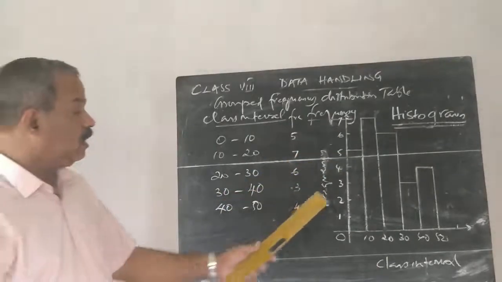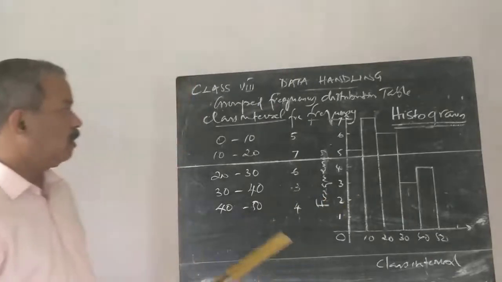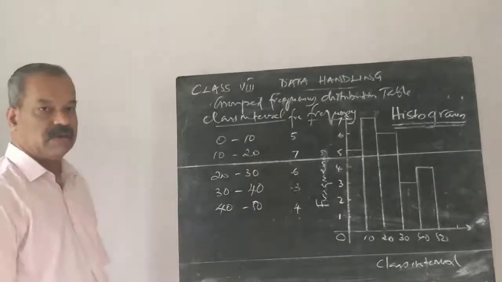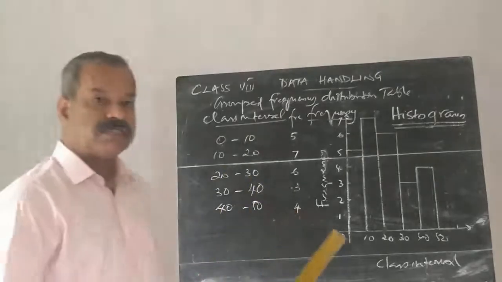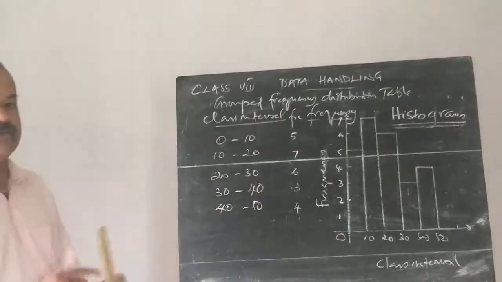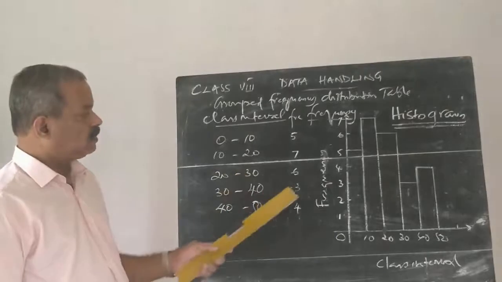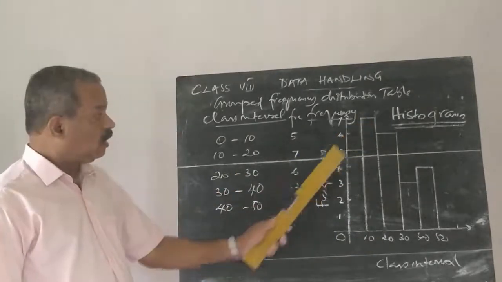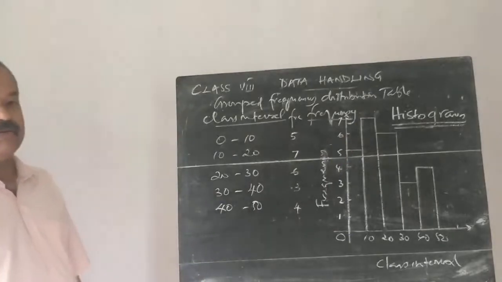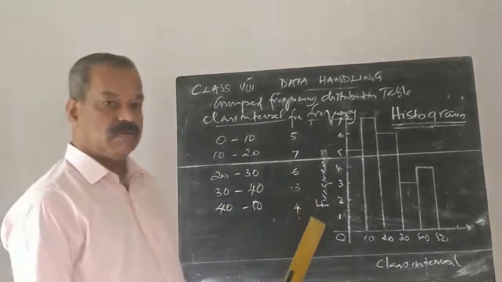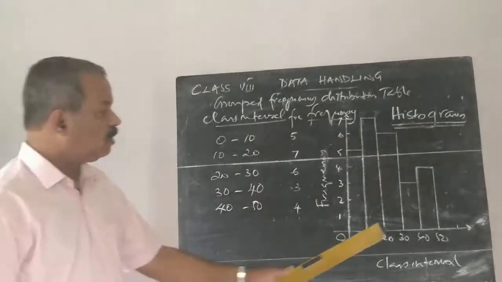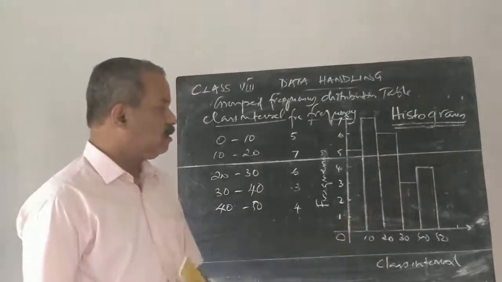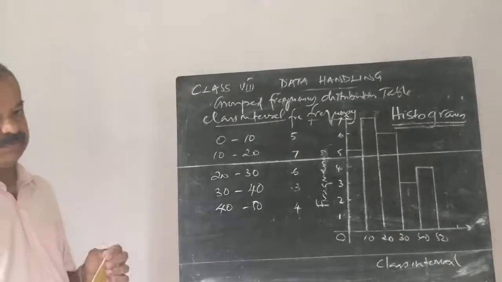Now we can easily find the answers to questions or analyze the data. For example, in which class interval do most of the students fall? The highest is 10 to 20. In which class interval does the lowest number of students fall? 30 to 40, because that rectangle is the smallest one.